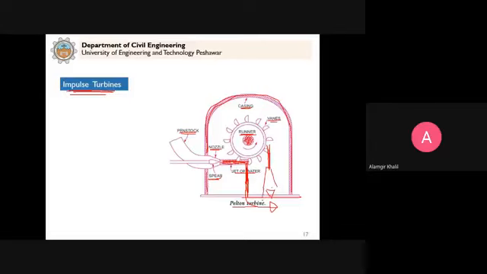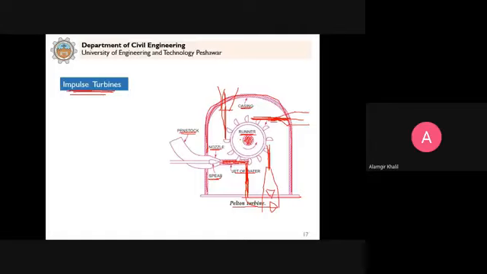Not only one, we can provide more than one nozzle. Similarly, another nozzle can strike here. So the water is supplied from different pipes. Similarly, there can be a fourth nozzle which strikes here. So it means more than one nozzle can operate.